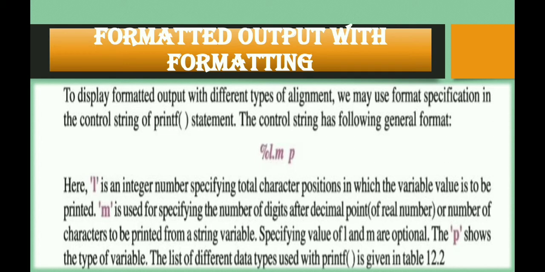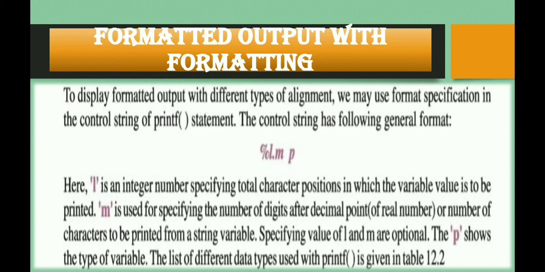The control string has the following general form: first the percentage sign will come, then L dot M and then P. Here L means what? The length of your input or length of the data.